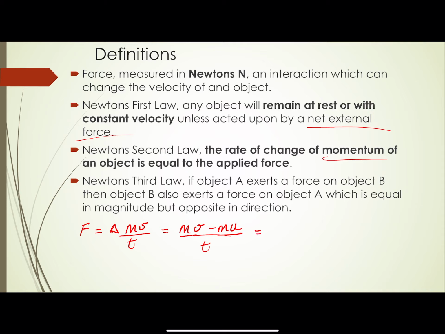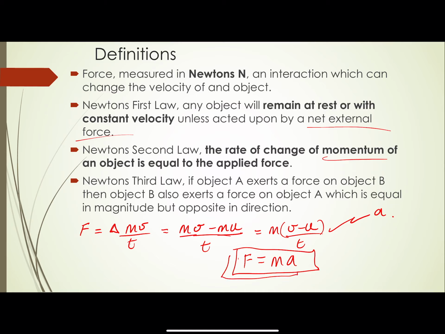We can take out m, which gives us m(v minus u) divided by t as our new equation. And this is equal to the acceleration. So we get F equals ma, which is the equation that we all know for Newton's second law.